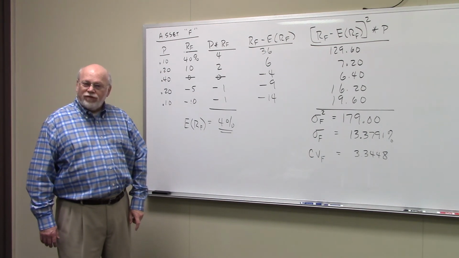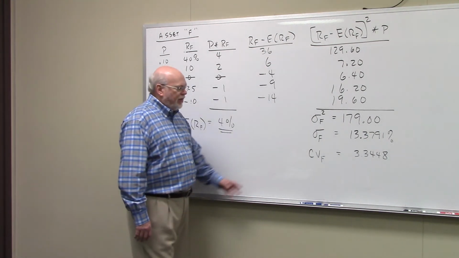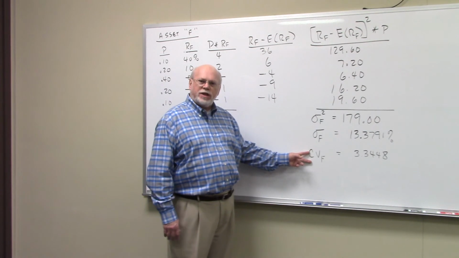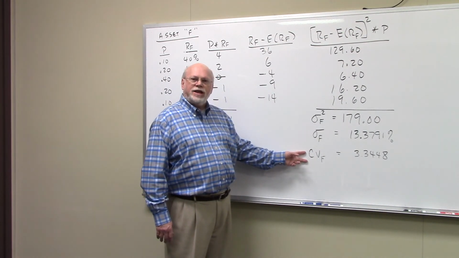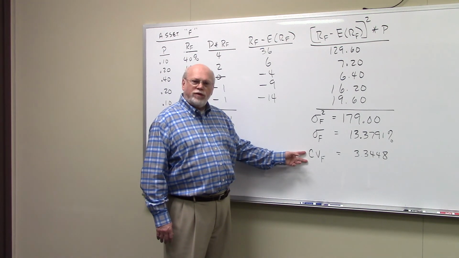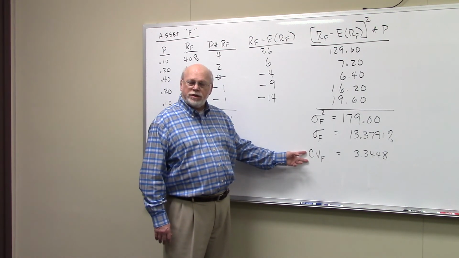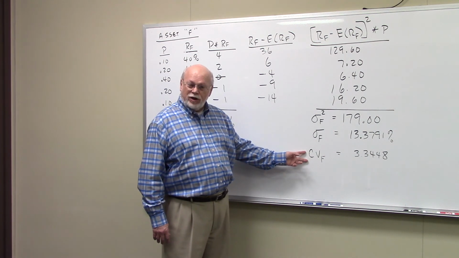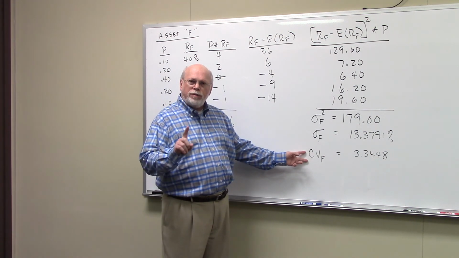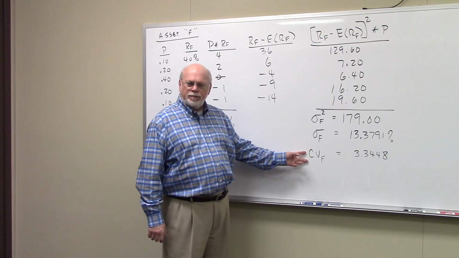And that's your coefficient of variation. And this is your risk per unit of expected return. The way you interpret this now, you're saying that you're taking on 3.3448 units of risk, 3.3448 units of standard deviation for every 1% of return that you get.